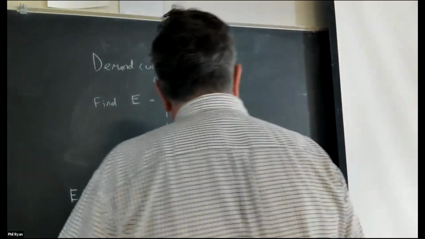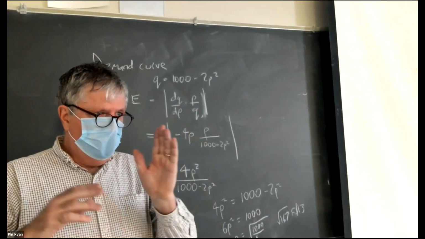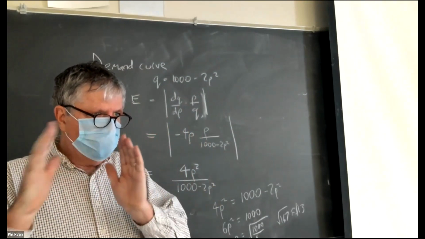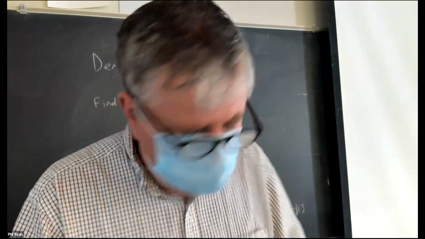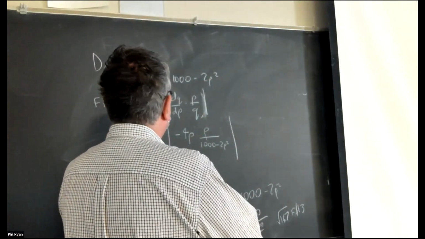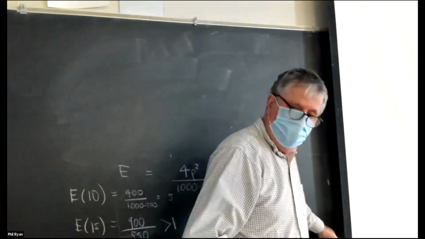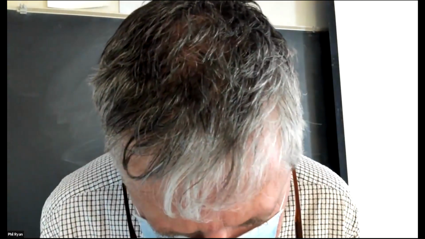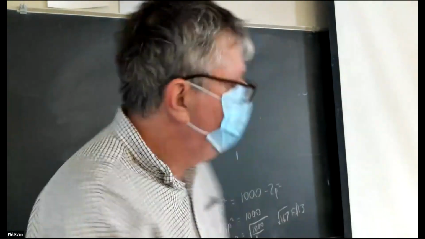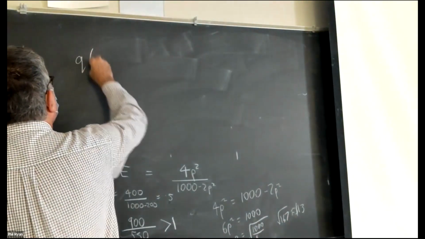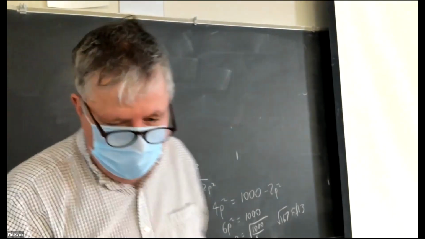And so, because we know about the connection between revenue and elasticity, we can answer some questions straight away. So, for example, let's say the quantity demanded when the price is $10 is 300.